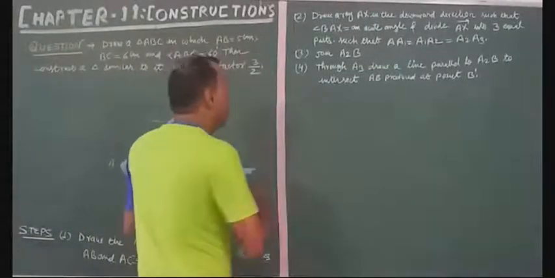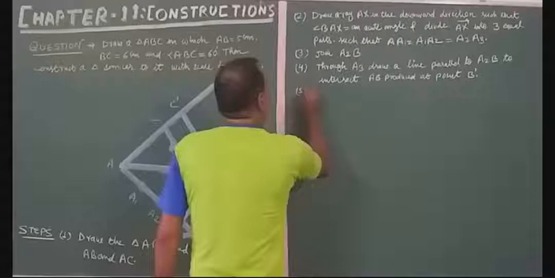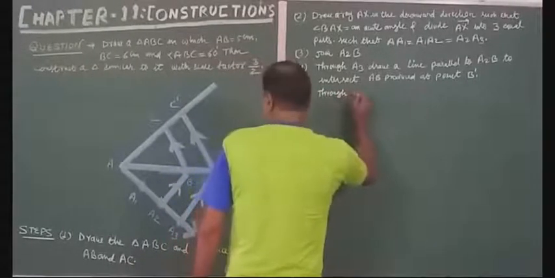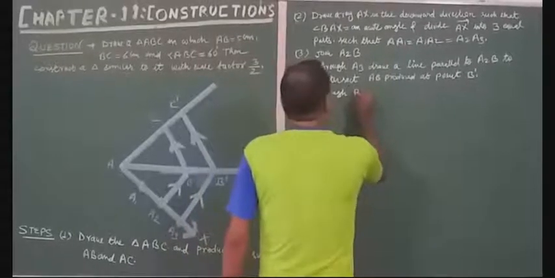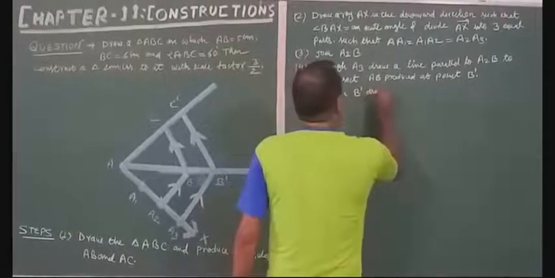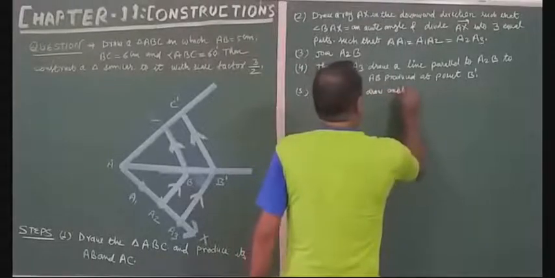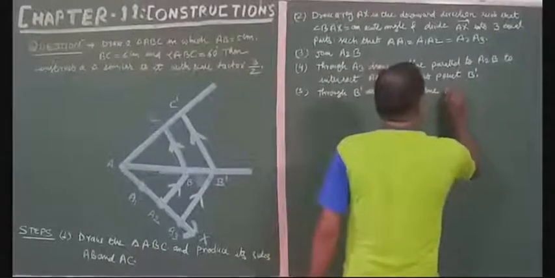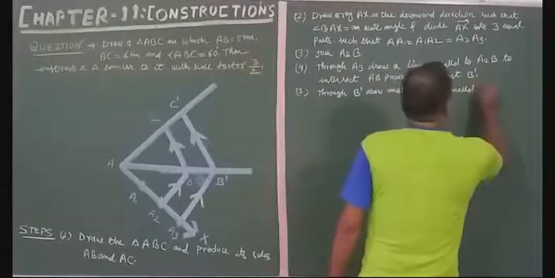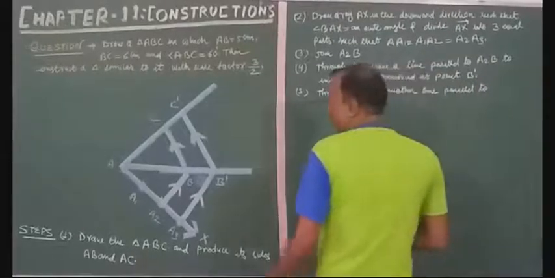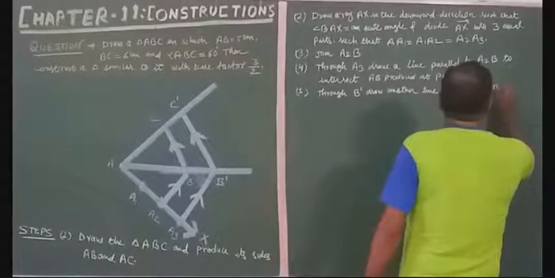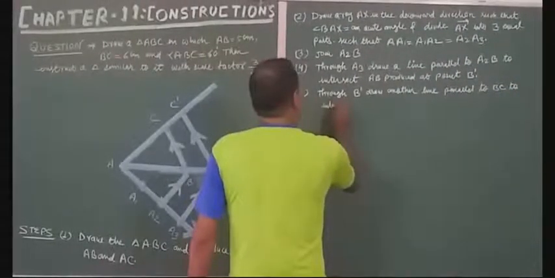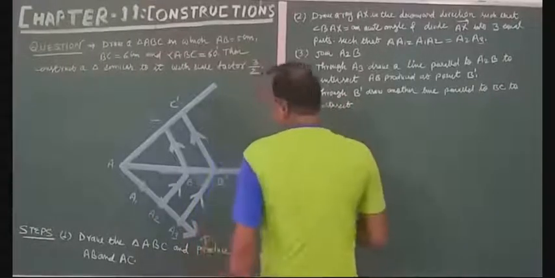Now step number 5. Through B dash, draw another line parallel to what? BC, to intersect what?